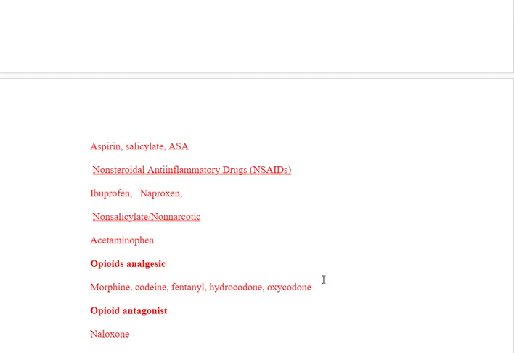I would add heroin, even though it's a Schedule 1 drug. Because if someone has a substance use disorder with heroin, can they have morphine? Sometimes. If they're dying, yes. Any other time, no, because you're going to send that person right back into the substance use disorder cycle.